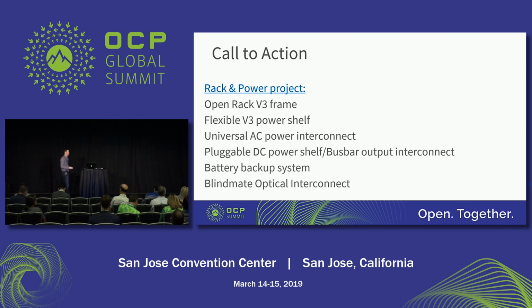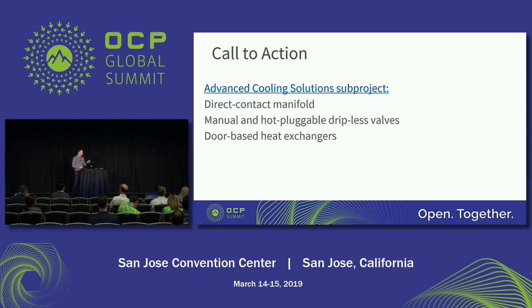Several of these we've already started working on. And as I mentioned several times, there's quite a bit of work going on right now in advanced cooling. We need those specifications to get finalized so we can start importing all that directly into OpenRack. So we'll have those available for tests later this year.